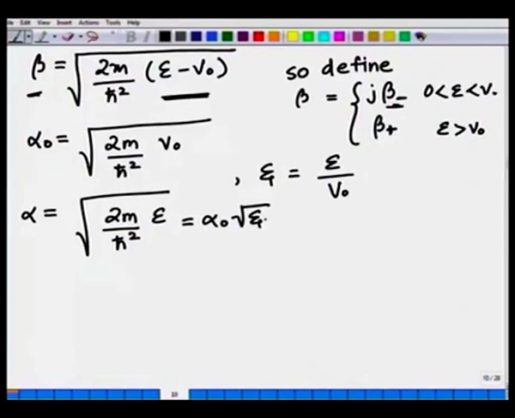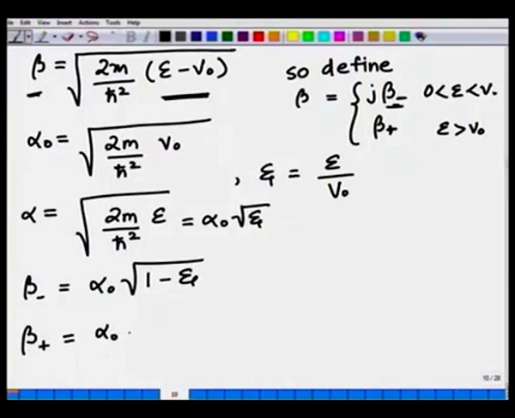I can write alpha like this, beta minus as equal to alpha naught times square root of 1 minus zeta, and beta plus as equal to alpha naught times square root of zeta minus 1.